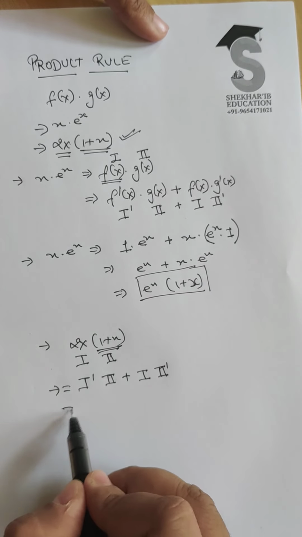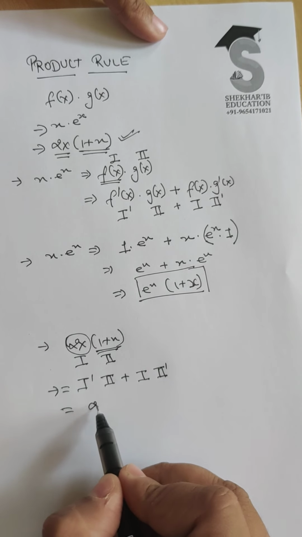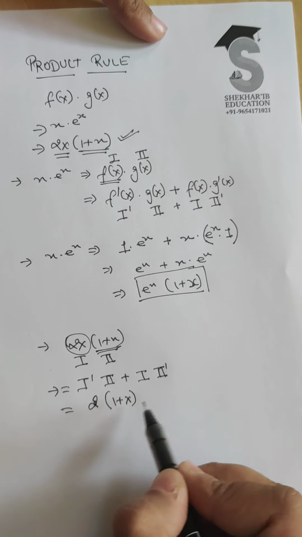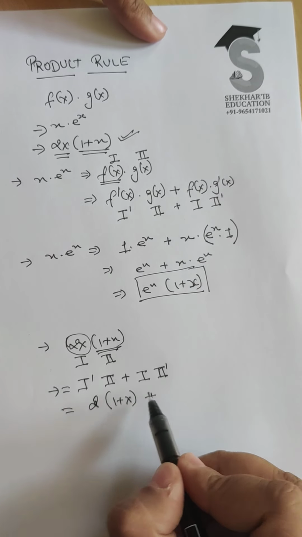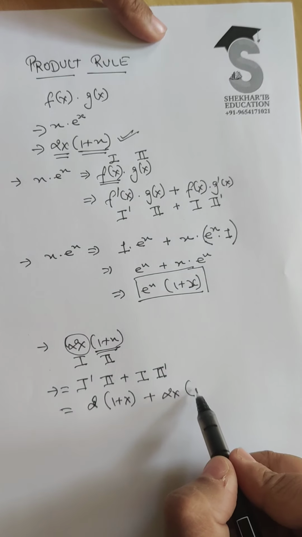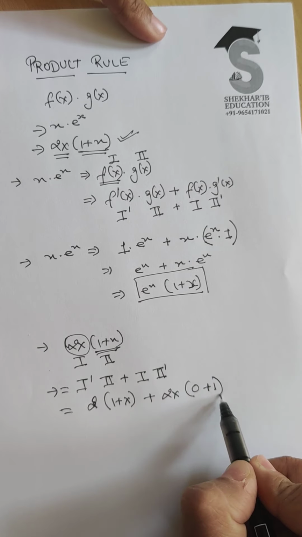So differentiation of 2x will give us 2, and keeping the second as it is, plus keeping the first as it is and differentiating the second. So differentiation of 1 is 0 and differentiation of x is 1.